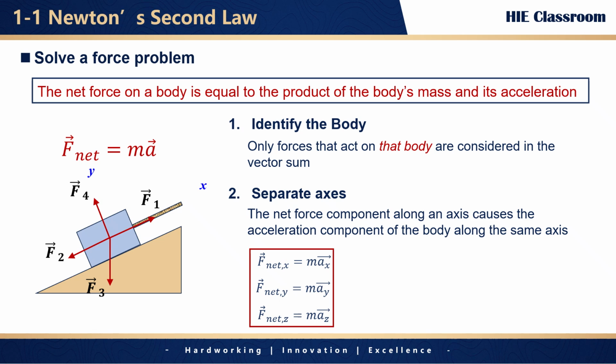F4 is along the y-axis. But the body's gravity F3 is along neither axis. To solve the problem, we need to separate it into the axes. It can be separated into F3x and F3y, just as shown here.